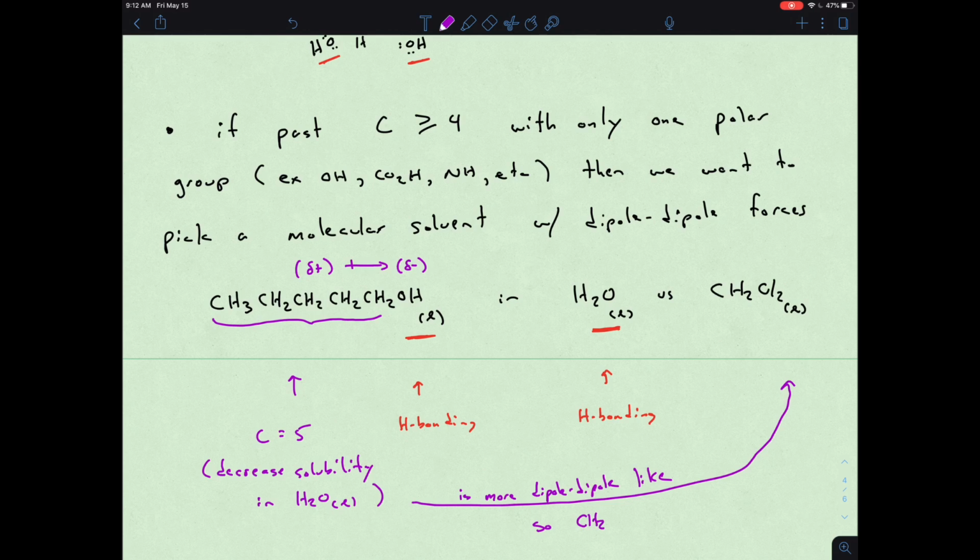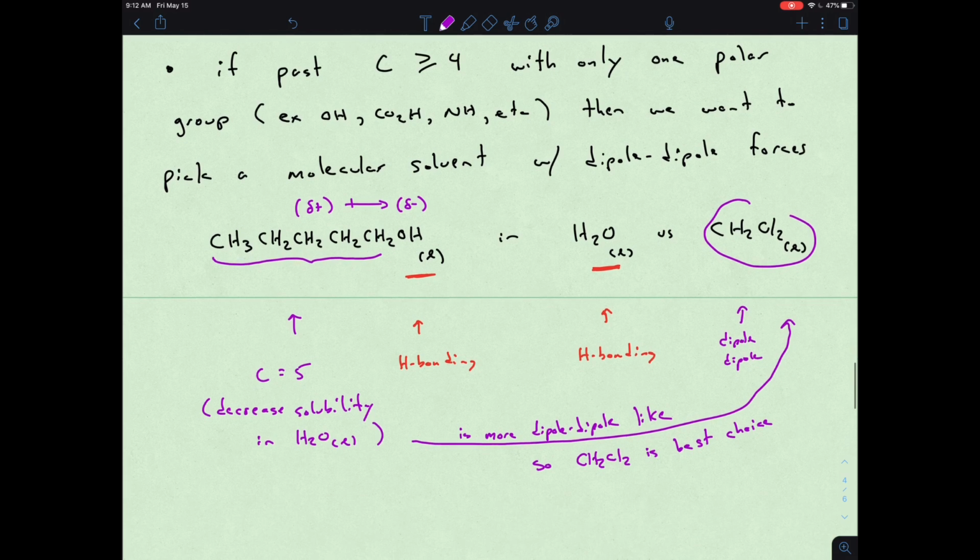So CH2Cl2, dichloromethane, is the best choice. It also has dipole-dipole. So you do have to be wary of the carbon count and the amount of hydrogen bonding groups on that particular solute.